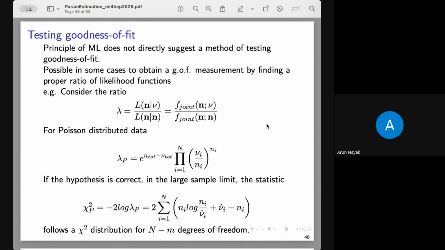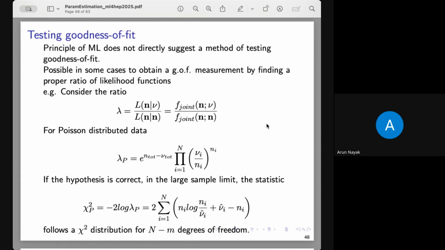Now once we do the fit, we also should check whether the fit is good, which we call the goodness of fit test. However, maximum likelihood doesn't directly suggest a method of testing the goodness of fit.